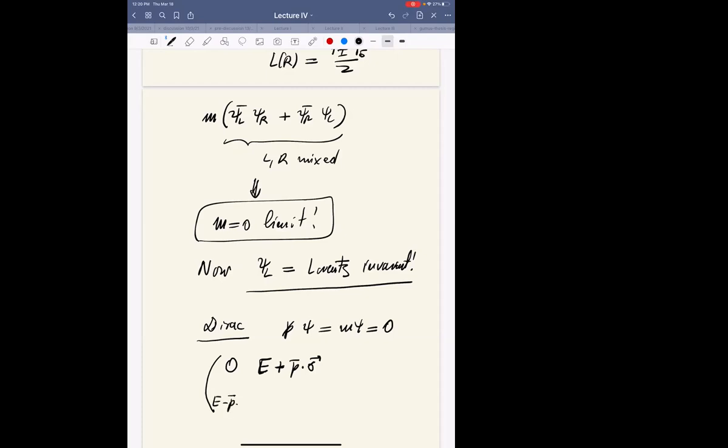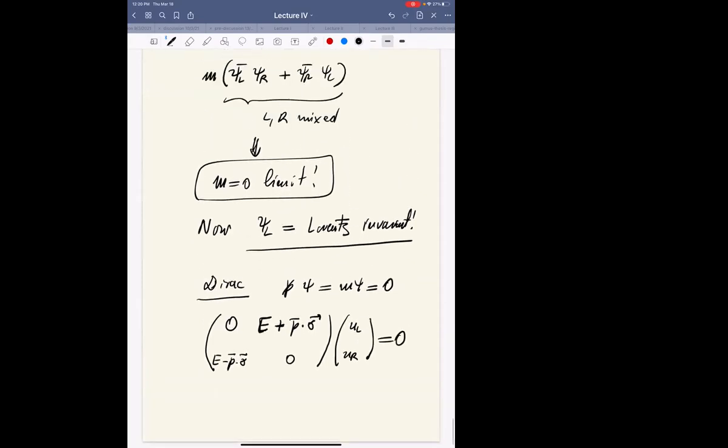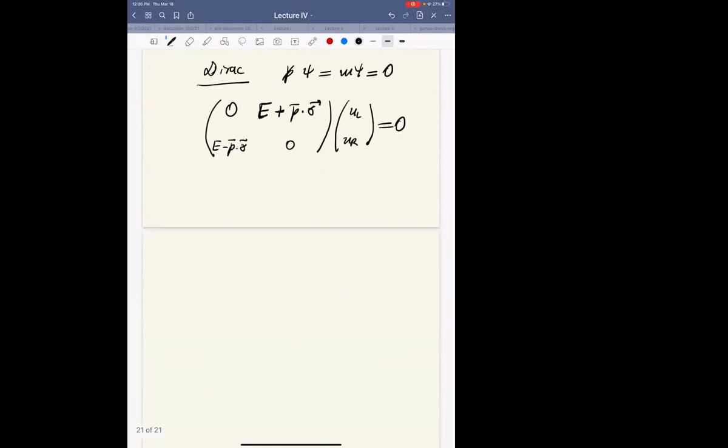E minus P dot sigma. When I break into two components, now it's very easy because they are separated. P mu gamma mu is P0 gamma 0 plus Pi gamma i, which is P0 gamma 0 minus Pi gamma i. There's a minus sign with those gamma matrices.